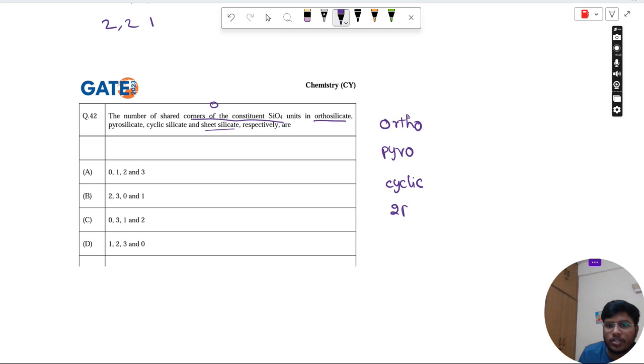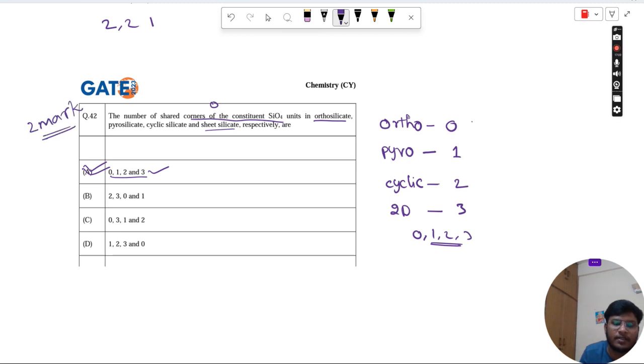Sheet means a 2D sheet. Ortho we have discussed, that is 0, and pyro is only 1, and cyclic we have seen is 2, and the 2D sheet is 3. So the option is 0 1 2 3. This is the answer for this question, and this is option A. This is a direct question, and it was a 2-mark question in the GATE 2023 exam.